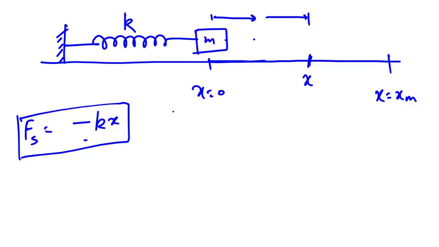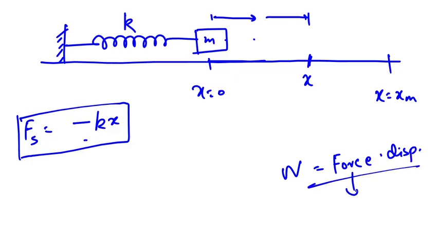If we want to get the work done by this spring when the block is being moved from x0 to xm, work done is force into displacement. If force is constant, the situation is very easy.